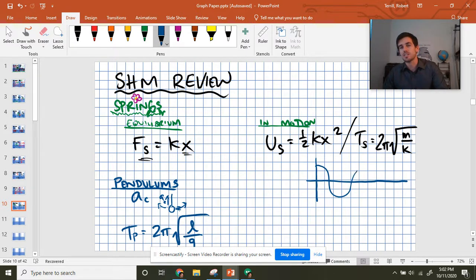Last thing to talk about is just these graphs here that show up every once in a while. Actually, not super often, but I'd feel bad if I didn't review them one more time. This area here is the displacement of the graph. So it's either the displacement or the amplitude. For the spring, it would be our x value.